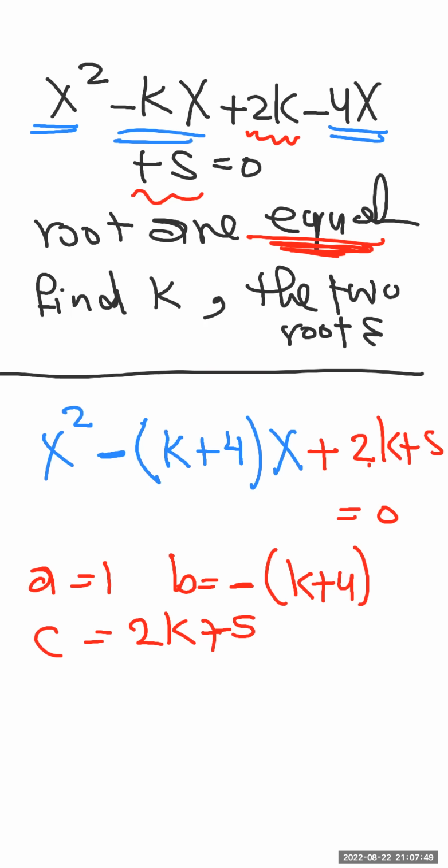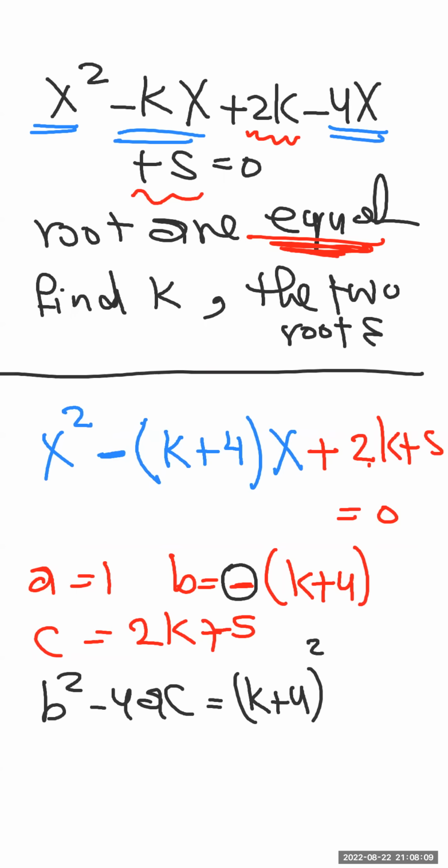So now, b squared minus 4ac. b squared means we eliminate this negative sign, of course. So (k plus 4) to the power 2, minus 4ac, minus 4 times a equals 1, times c, (2k plus 5).